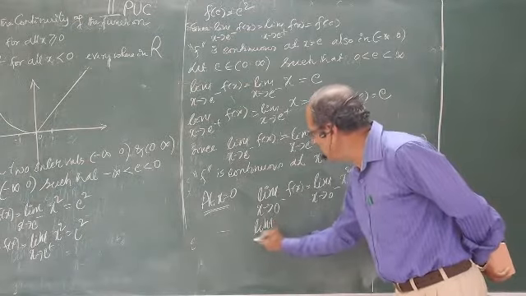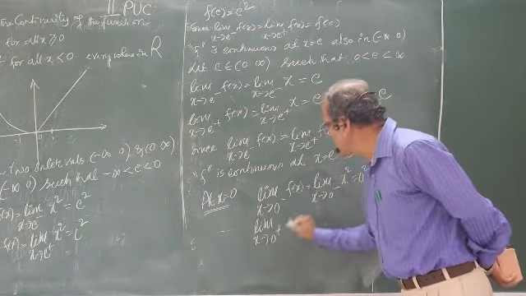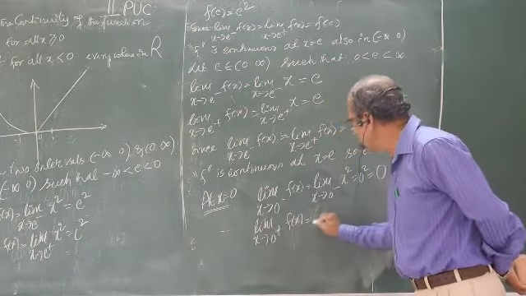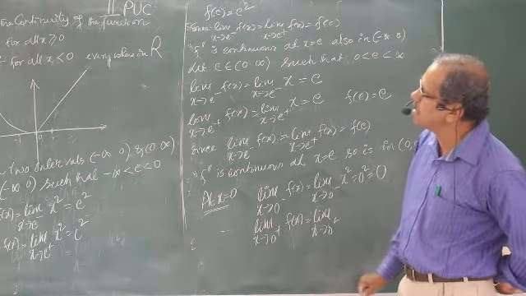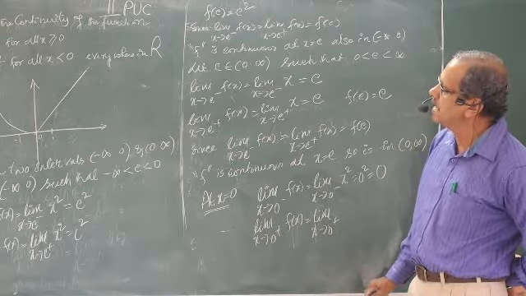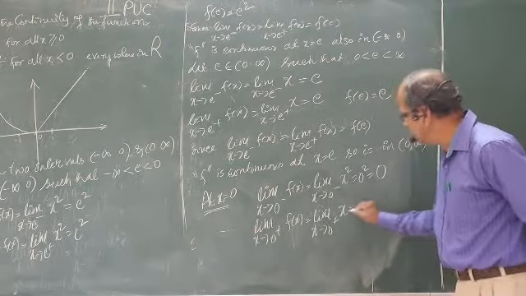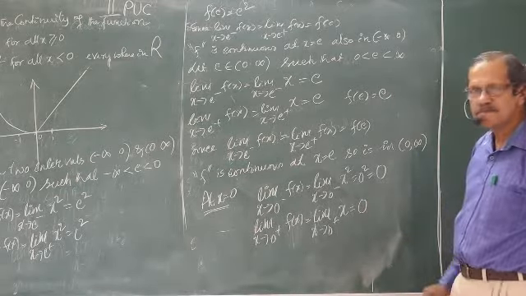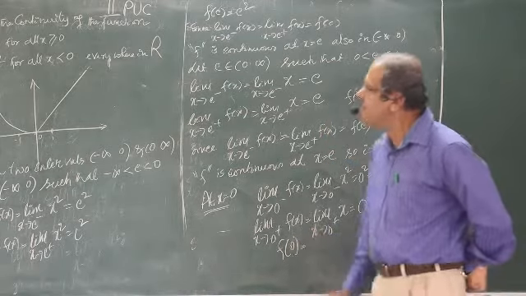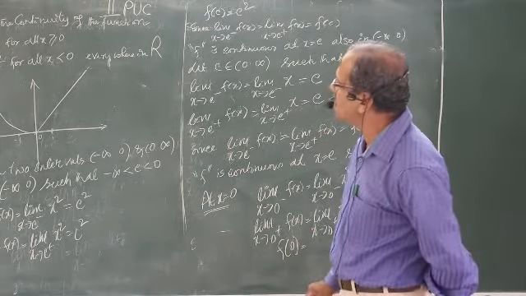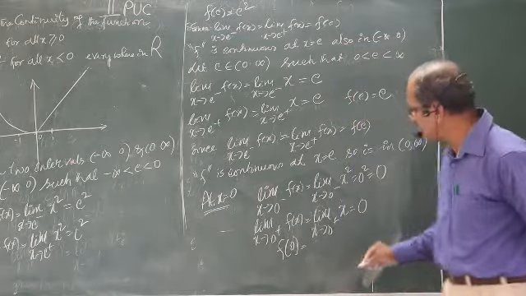Again approach the same 0 from the positive side. Limit x tending to 0 plus, positive side means greater than or equal to 0, it is x. So it is 0. Find out f of 0. For all x greater than or equal to 0, it is x.